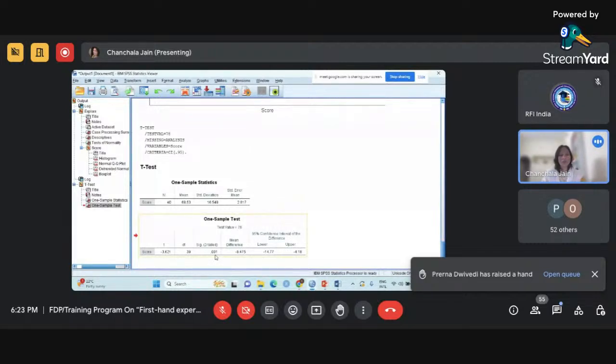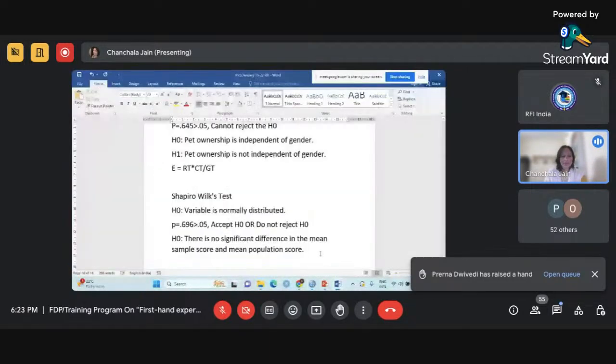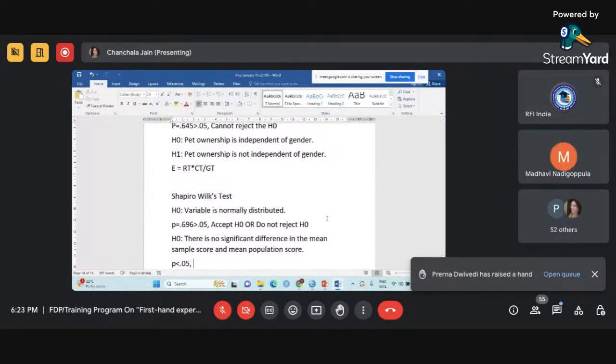So coming here, on the Word file, we can say the p is less than 0.05. So what will we do here? If p is less than 0.05, what will we do? Reject the null hypothesis. Very correct.